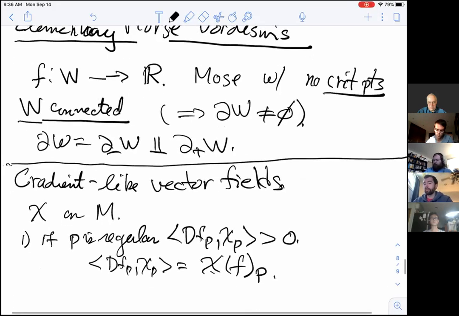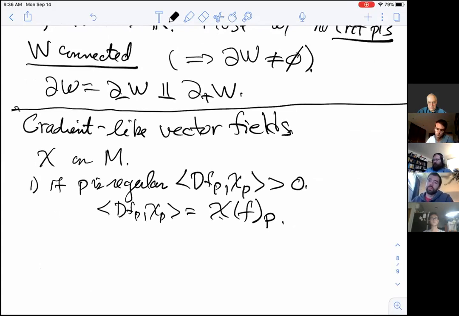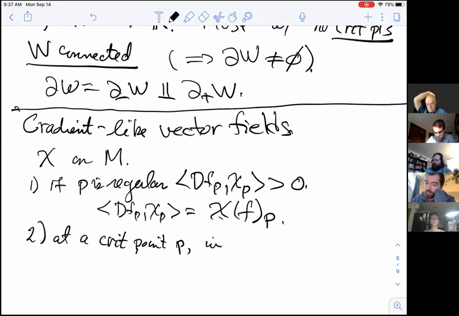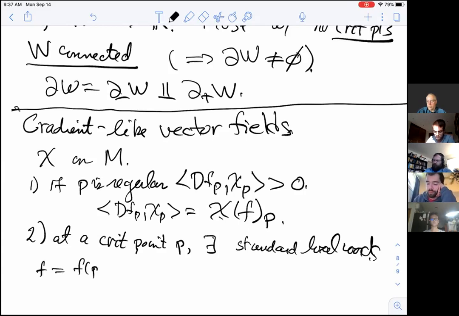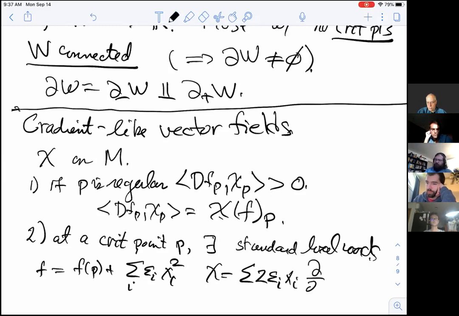Okay. So at any regular point, this says that F is increasing in the chi direction at the point P. And two, at a critical point P, there exist standard local coordinates such that F is equal to F(P) plus the sum of epsilon_i x_i squared, with epsilon_i equal to plus or minus 1, and chi is the sum of 2 epsilon_i x_i partial with respect to x_i.